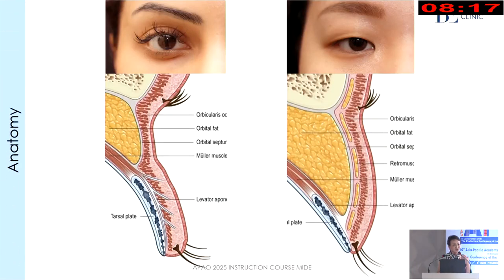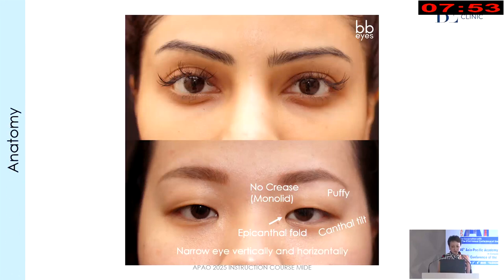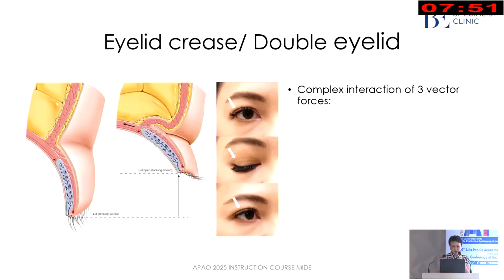In the upper eyelid, the main characteristic feature in the East Asian is that the attachment of the levator aponeurosis is much lower down. The orbital septum is also attached much lower down, which causes the fat to protrude forward. Other features in the East Asian are the presence of an epicanthal fold and a very typical canthal tilt.